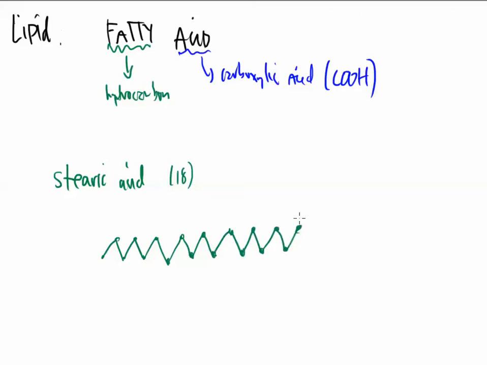I told you it was very organic based. It should have a carbon based backbone, and stearic acid is no exception. It is 18 carbons long, and at the 18th carbon we are going to see this COOH group that's existing. So COOH, that is there.